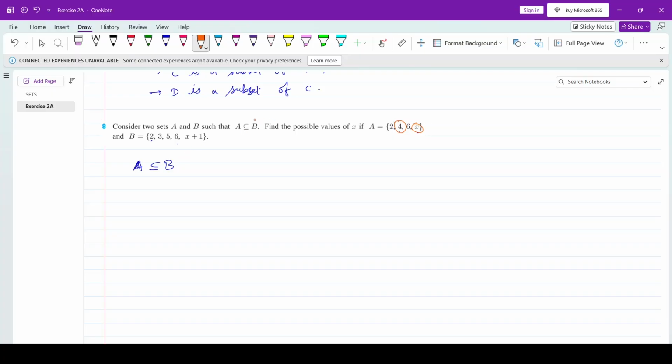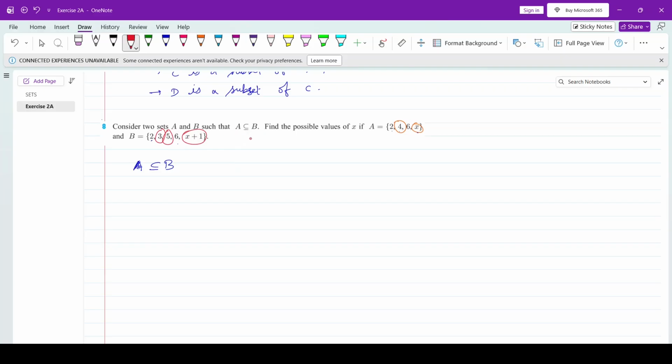Now what are the terms in B that differ from A? The terms in B that differ from A are 3, 5 and x+1.